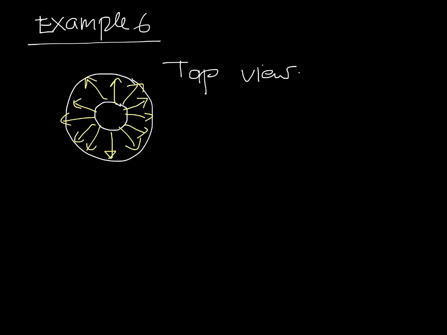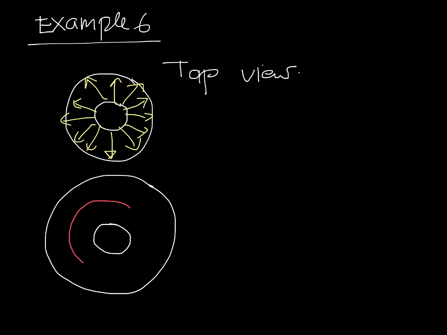So what happens when we look at this problem? We say the current flows through a thin sheet of cylindrical shell like this.